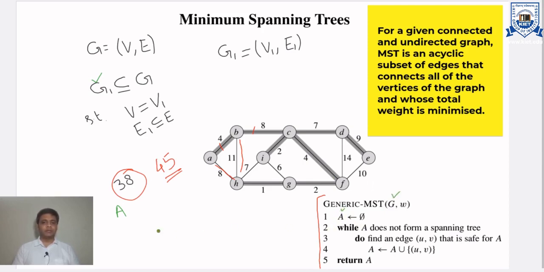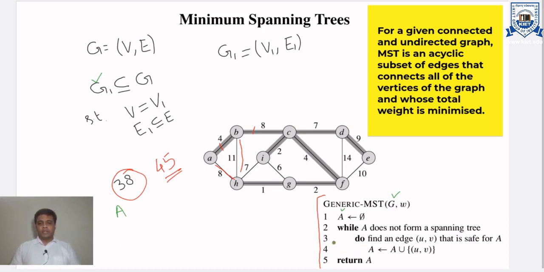Initially A is empty, so there are no nodes or vertices inside A. Now what we do, in line number 2: while A does not form a spanning tree, meaning until we get our complete solution, we continue with steps 3 and 4.